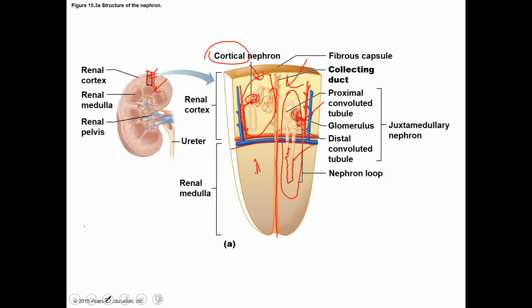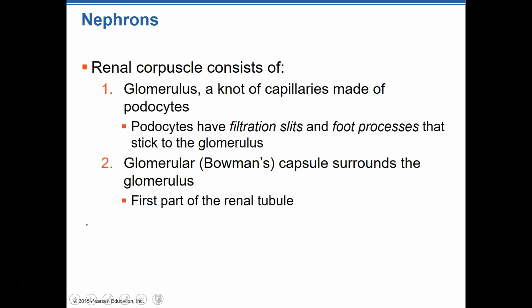Inside of here is the glomerulus, and this is the corpuscle, okay? Hopefully that makes sense. And then we have the glomerular capsule, which surrounds the glomerulus.